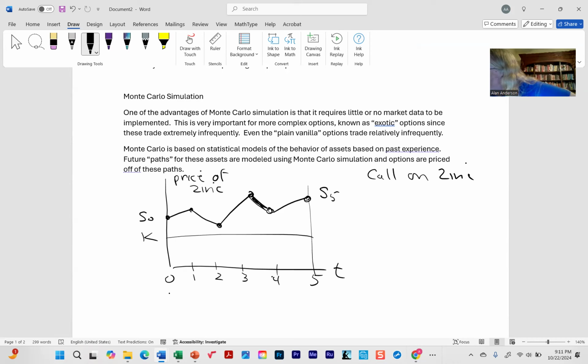That means the payoff at time 5 is S5 minus K. We don't need to worry about the max because we can see that it did finish above K. So on this path, the payoff is S5 minus K. That means the value of the option, if it follows that path, is simply the present value of S5 minus K.